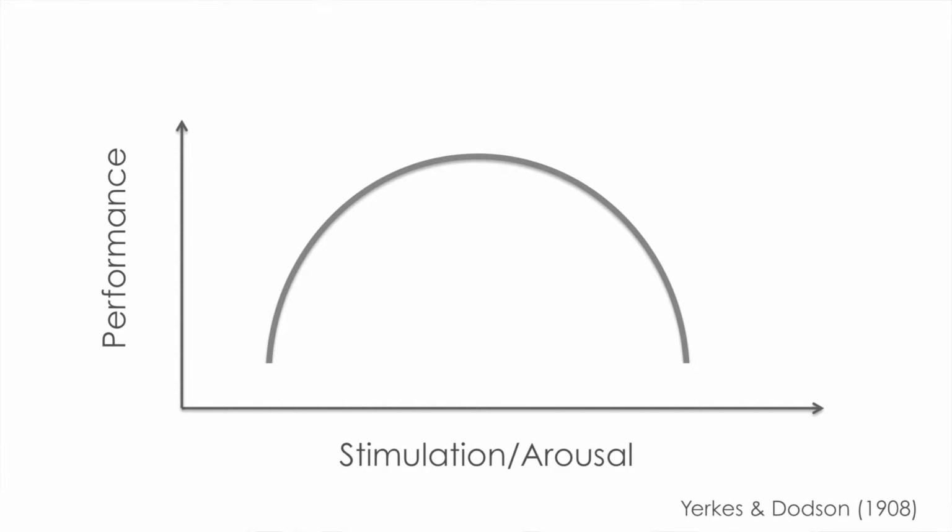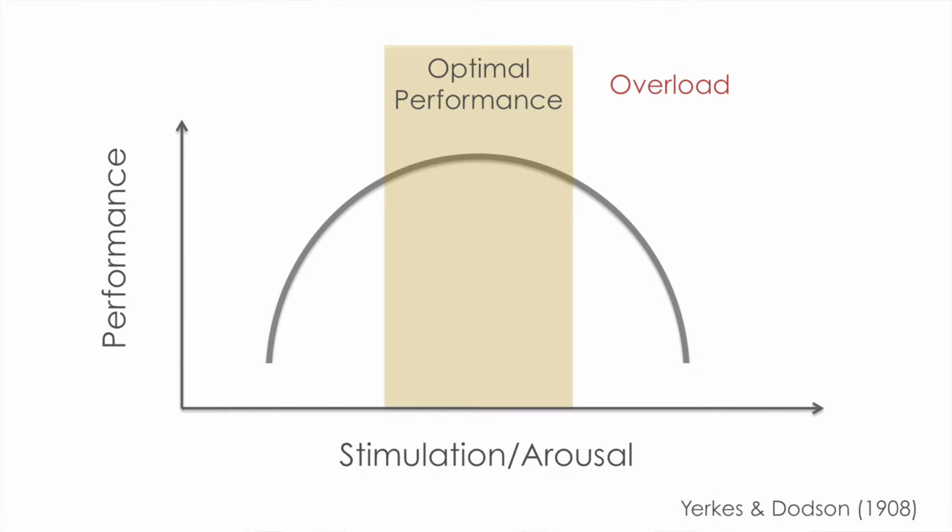Notice the resulting function is an inverted U, with optimal performance at moderate levels of stimulation, poor performance at higher levels of stimulation, corresponding to moments of overload, and poor performance at lower levels of stimulation, corresponding to moments of underload. But why does performance tend to decline at low levels of stimulation?